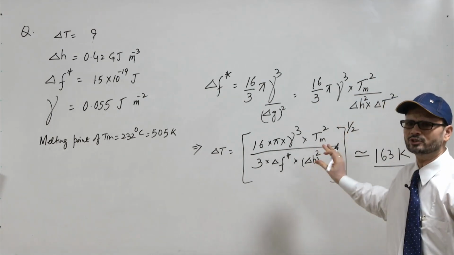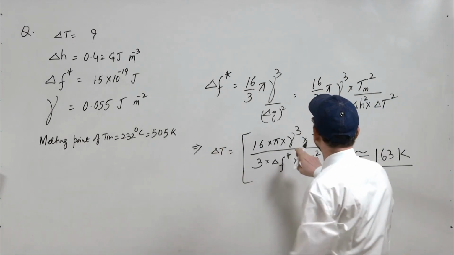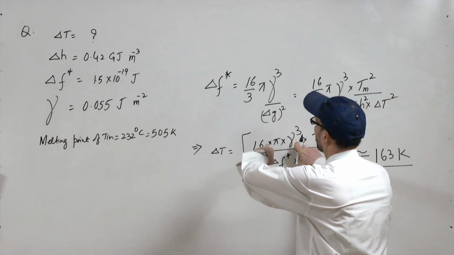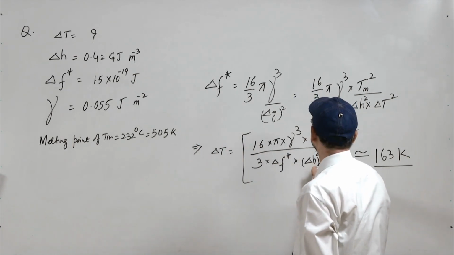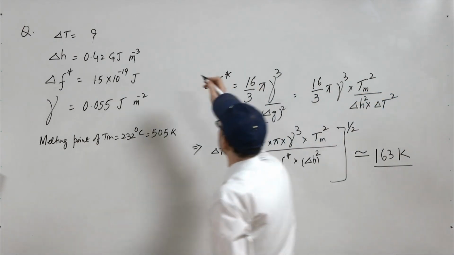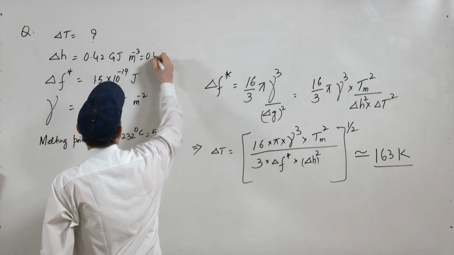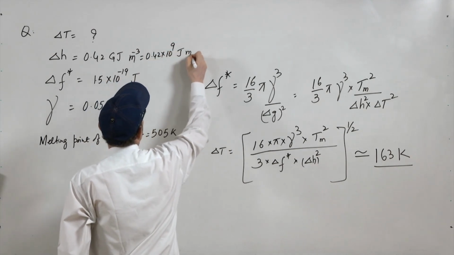So, if you do the calculation for putting all these values, all the values are given: you have gamma as 0.055, you will have delta H as 0.42 into 10 raised to the power 9 joule per meter cube.